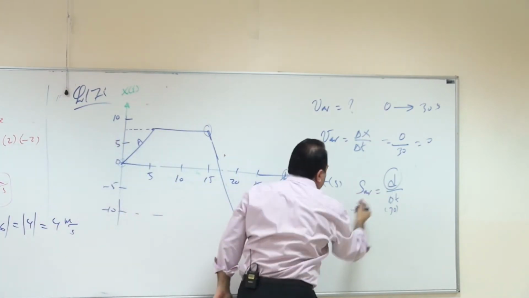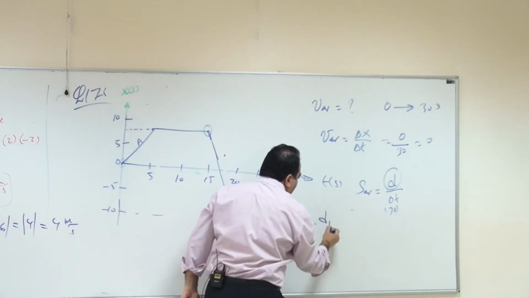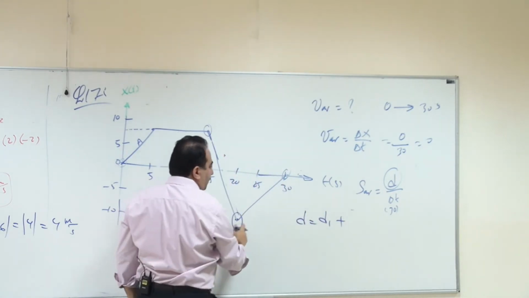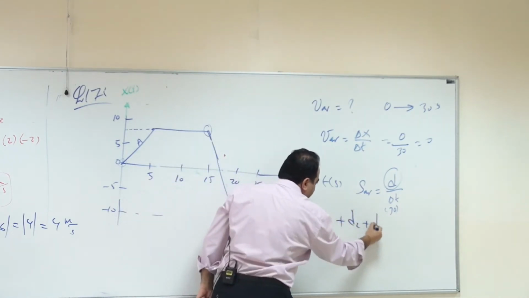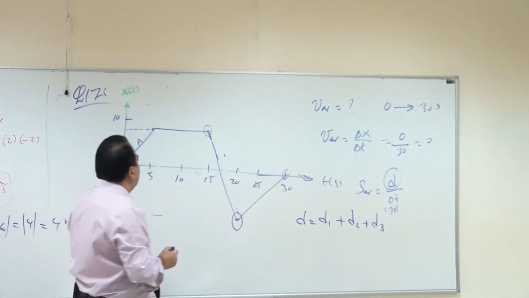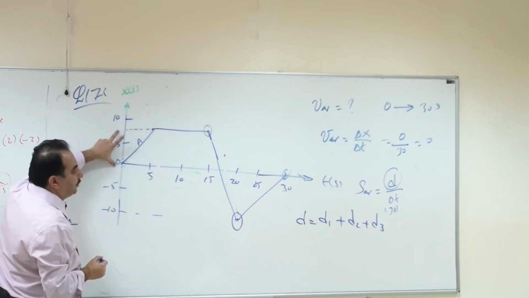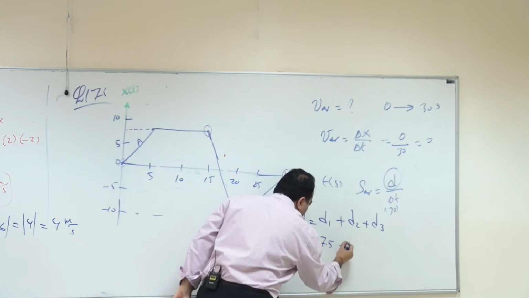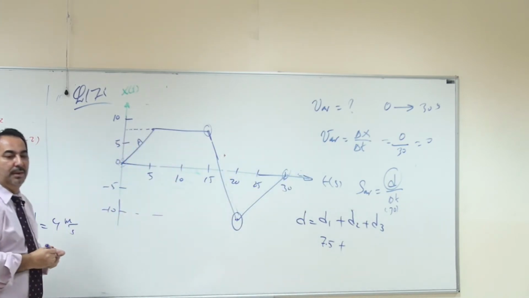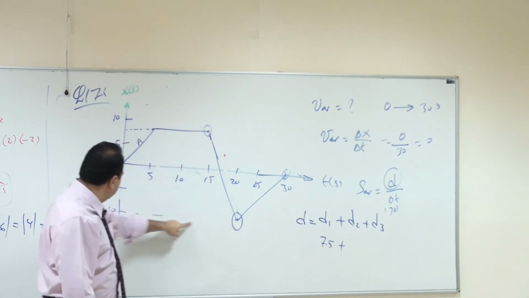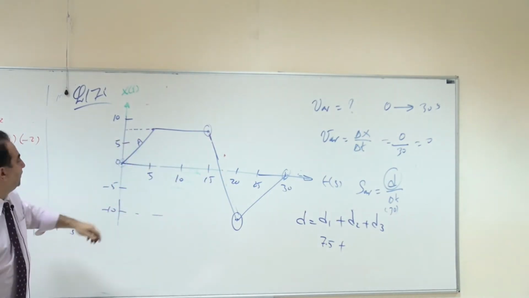So the distance here, D, is D1 plus D2 plus D3. D1 from 0 is 7.5. Now D2 from 7.5 to minus 10.